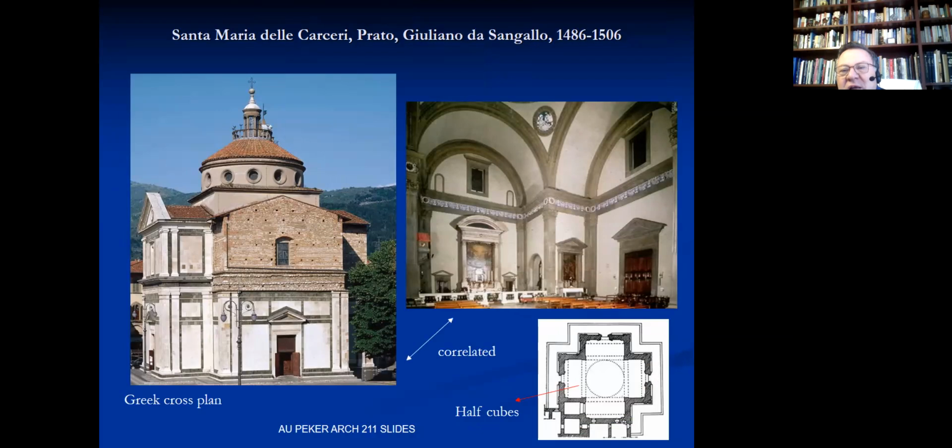Another architect, Sangallo, at the end of the 15th century, realized the potentials of Brunelleschi's architecture and designed Santa Maria delle Carceri. This building develops on a Greek cross plan, as you see, a centralized concept of a centralized building is again here.